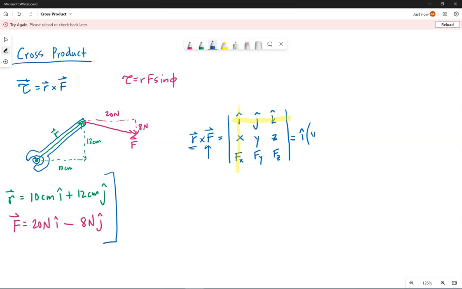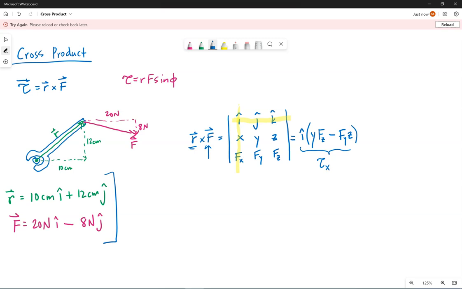I start with the top left of the numbers that are not covered, and I multiply it by the diagonal. So F sub Z, the Z component, is diagonal to that Y. And then I subtract the other 2 uncovered numbers, and this all together ends up giving me the x component of the torque.